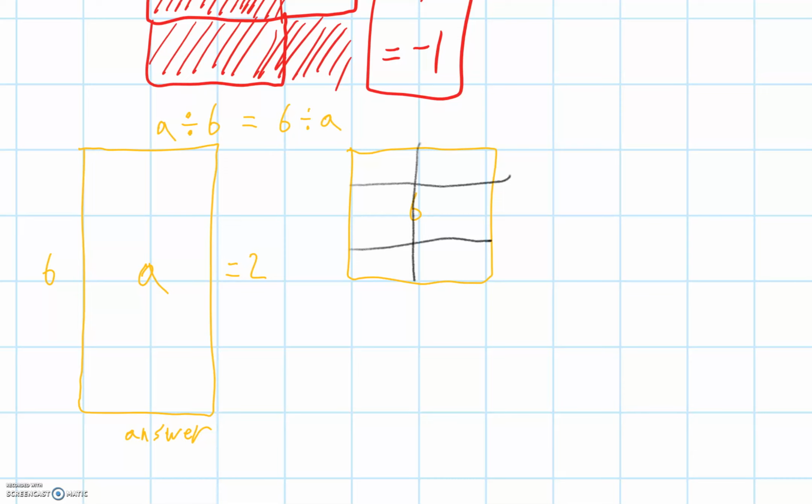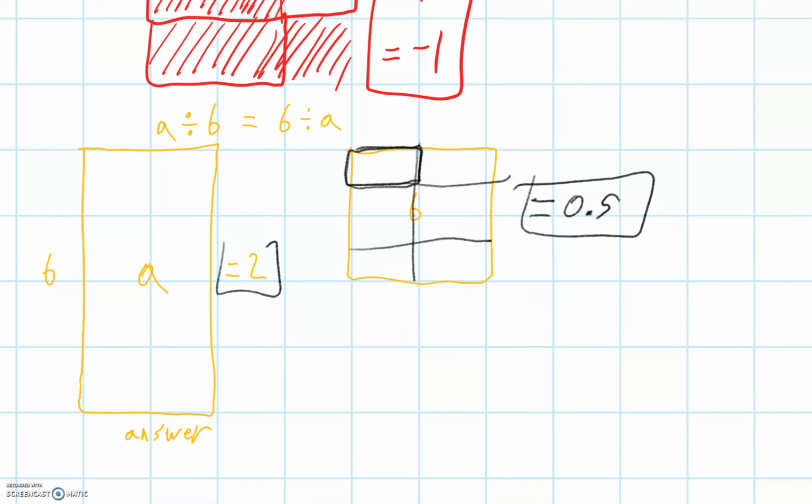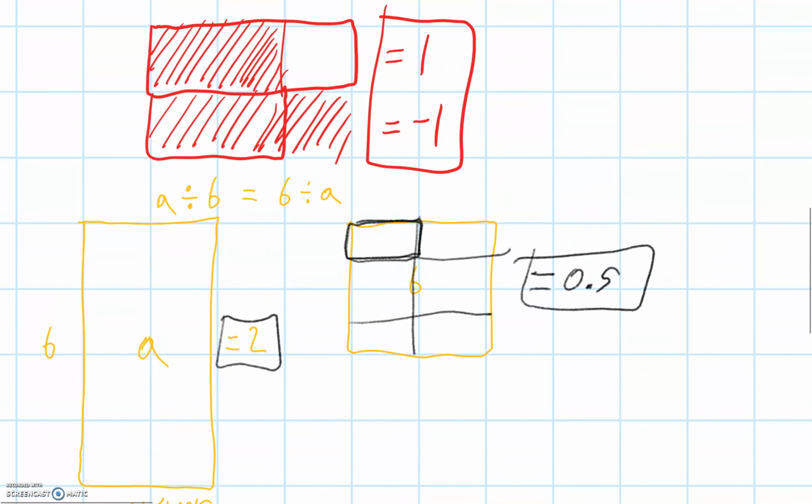Okay, so all the parts are equal, but you can see it's not going to be a super easily defined number. So it's not the same. Each part here is actually half a square, 0.5. So you can see that those are definitely not the same number, 0.5 and 2. They're actually inverse numbers.